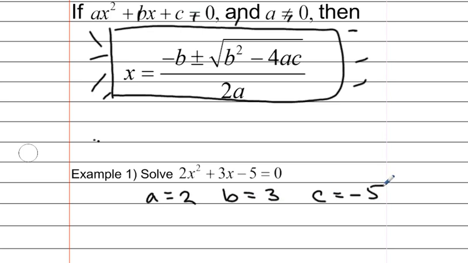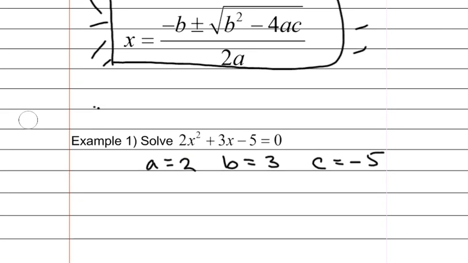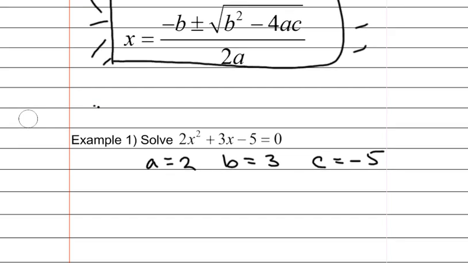As we follow this formula, remember that when we're using the quadratic formula, we want to solve for x. So the beginning of the quadratic formula says x equals negative b. That would be negative 3, since b is 3, plus or minus the square root of b squared.